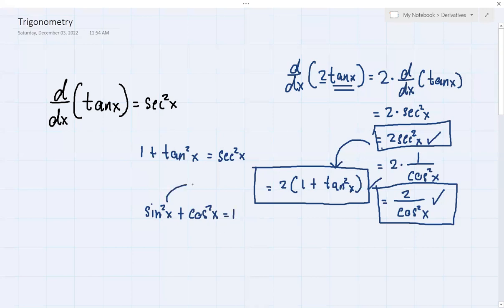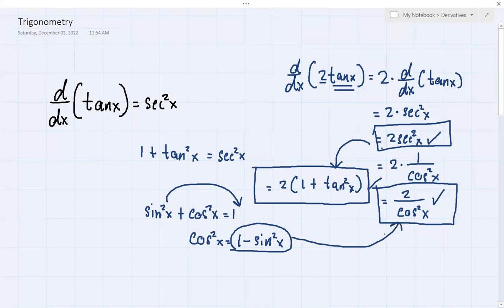So, kung ita-transpose mo si sine squared x sa kanan, you will have cosine squared x is equal to 1 minus sine squared x. Okay? So, it means we can substitute cosine squared x as 1 minus sine squared x. So, pwede natin siyang ilagay dito. So, therefore, we can have 2 all over 1 minus sine squared x.